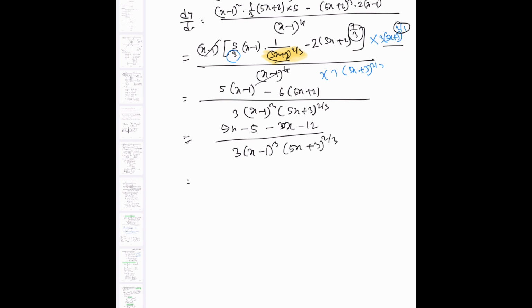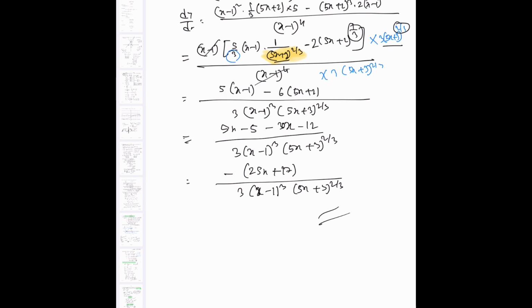Simplify this and take minus as common. It becomes minus (25x minus 5 minus 12), minus 17, minus goes out, so plus 17. So your answer is now 3 (x minus 1) cube (5x plus 3) to the power 2 by 3. Done. It is proved.